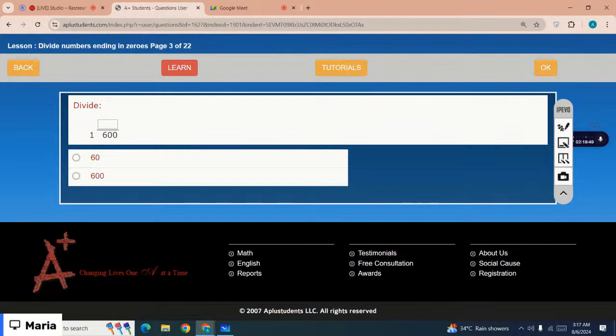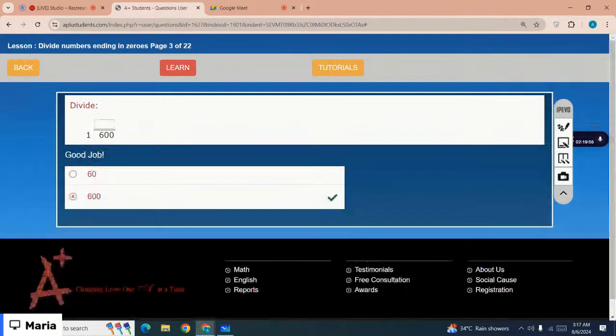Any number divided by 1 is exactly the same number. So the correct option is 600, right? Very good.